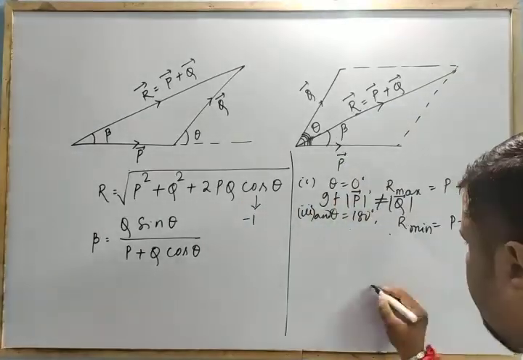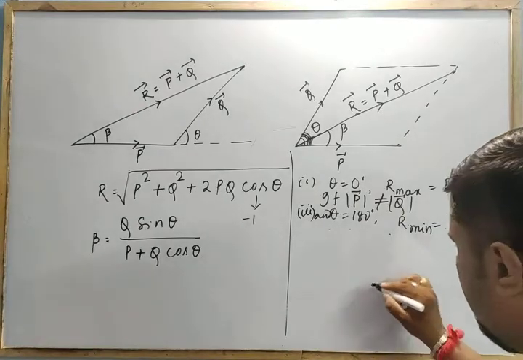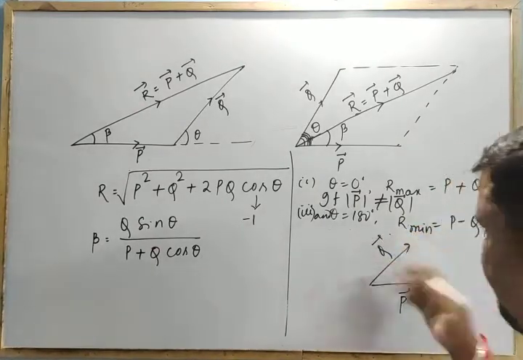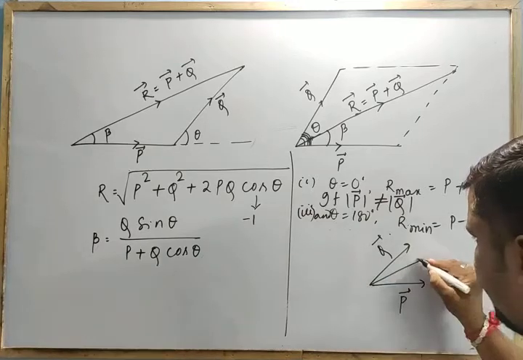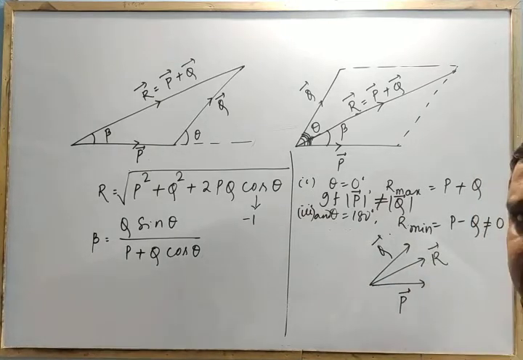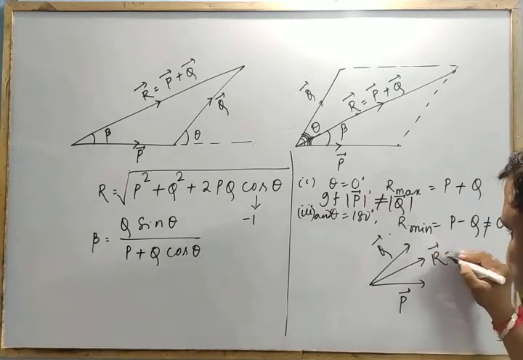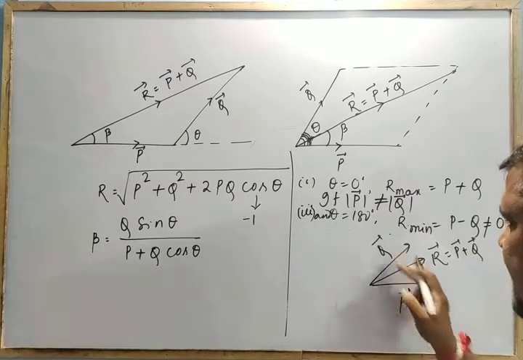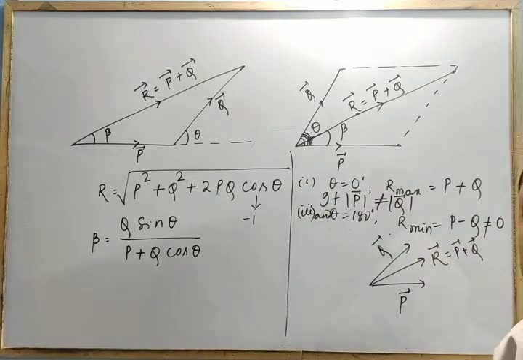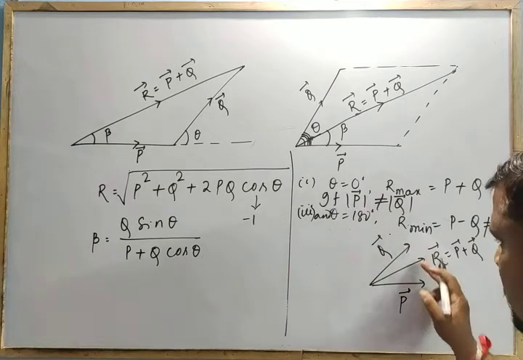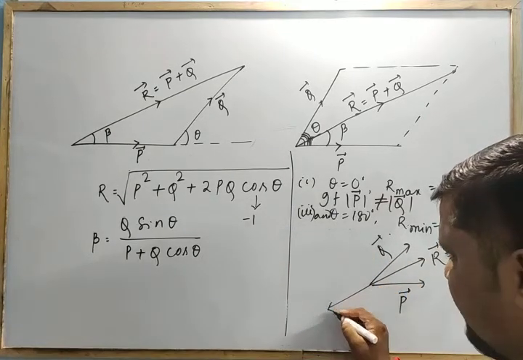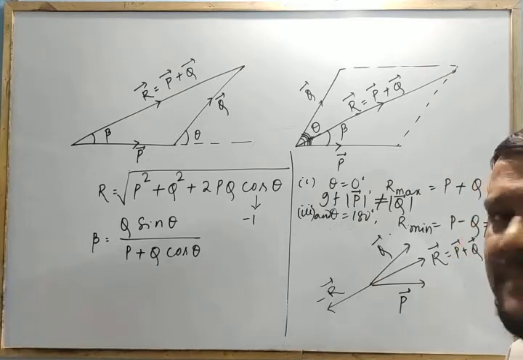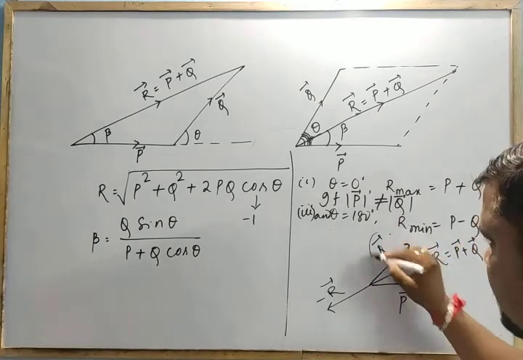P and Q are of different magnitude, and the resultant R is equal to P plus Q. The resultant is not 0 because they are of different magnitude. So to make this 0, again I will apply minus R. Then how many vectors?